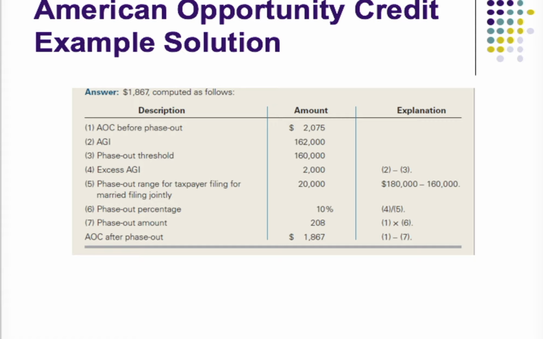So there's an example of all the various factors that go into that in our particular example, where the answer of what was available under that credit is $1,867.